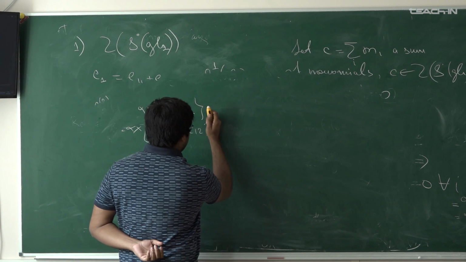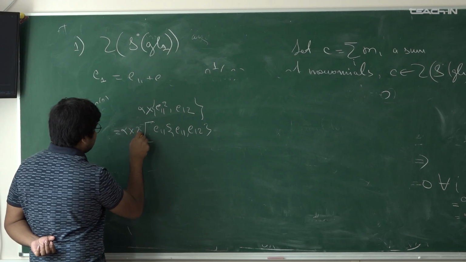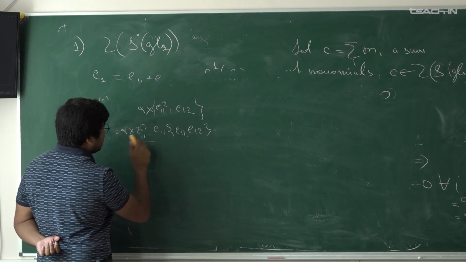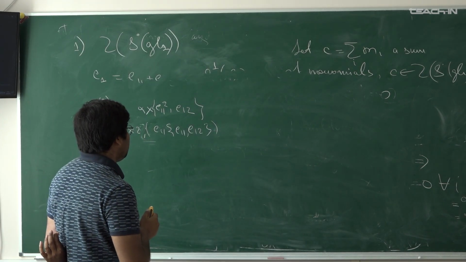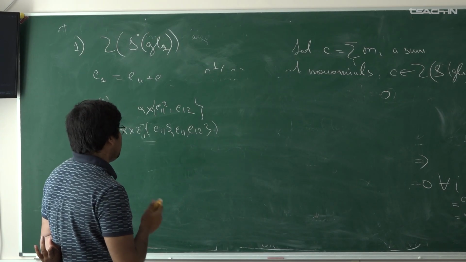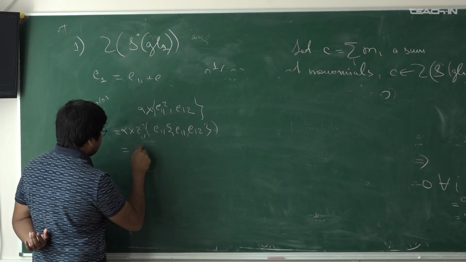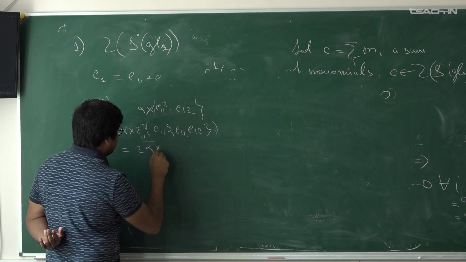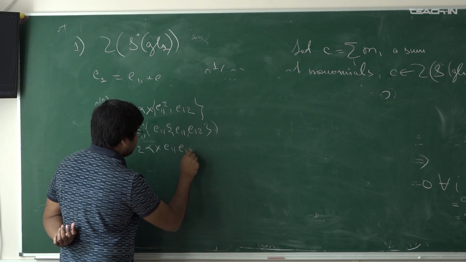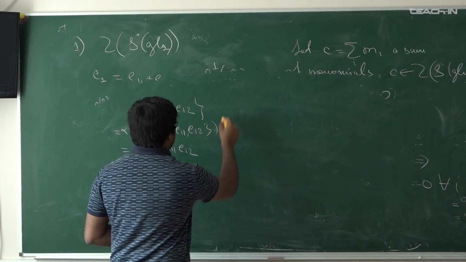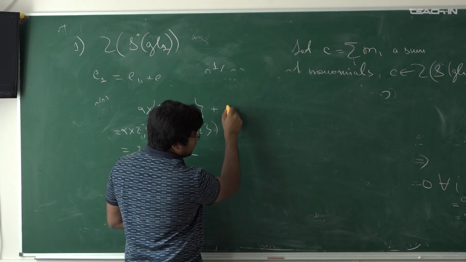Plus the same thing, so it appears 2 times. So I write here 2 times this. And it will give me JK, which means 1, 2, right? This is 1, 2. So 2 alpha is E11, E12, something like that. Now the next one is eta.